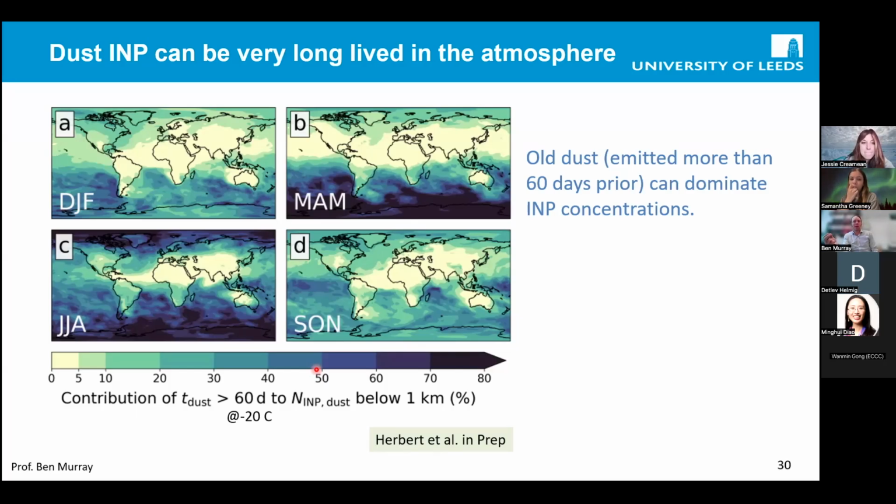But in terms of INP, many of the INP are in the accumulation mode. They're not necessarily contributing that much to the mass or the optical properties. So those small dust particles can define the INP concentration, and those dust particles could have been emitted many months earlier.